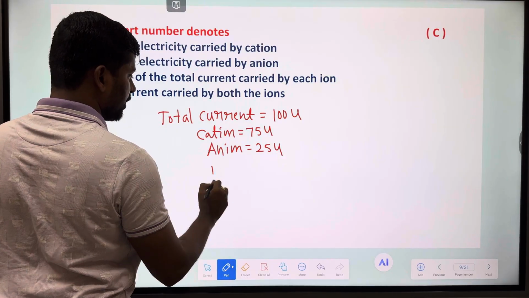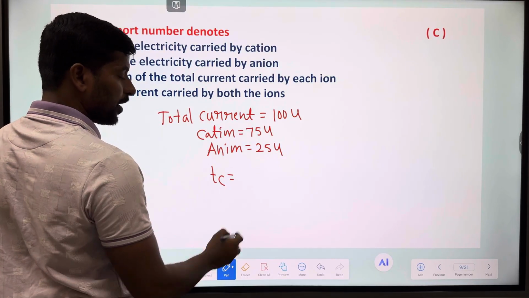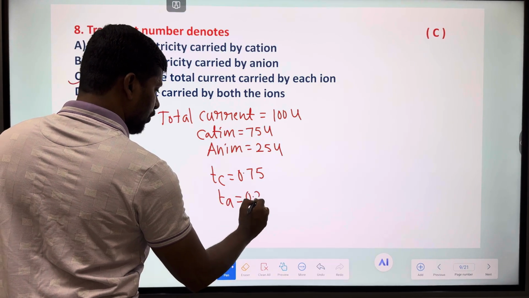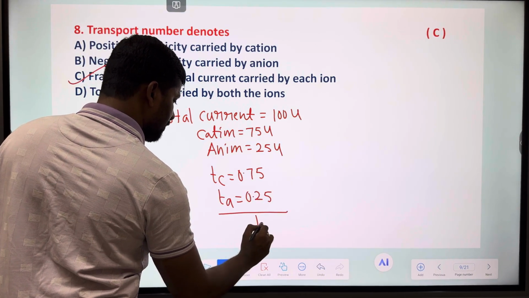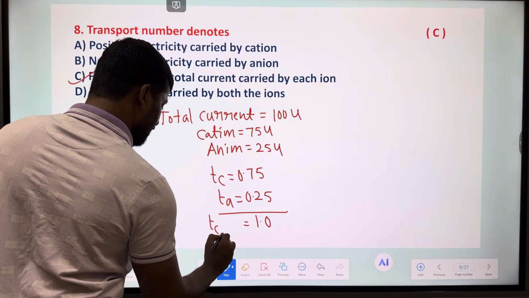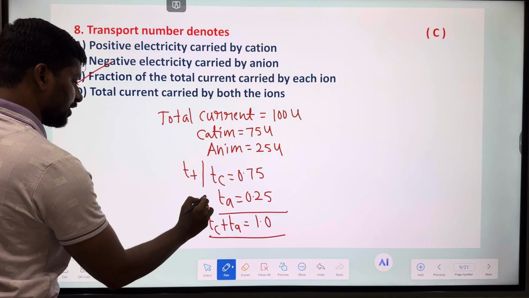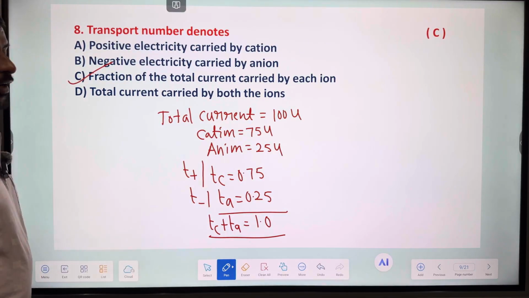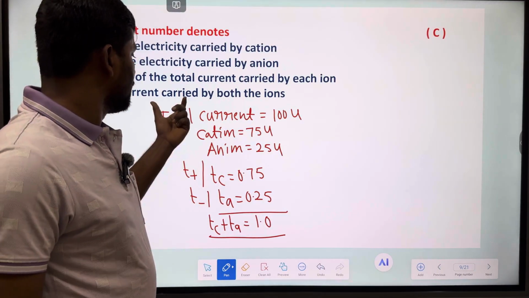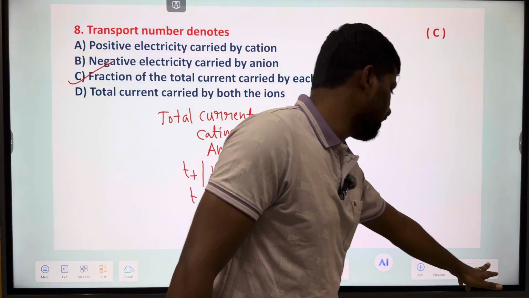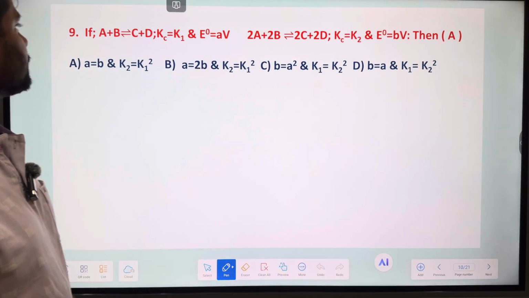So what is the transport number of cation? 75 by 100, so 0.75. What is the transport number of anion? 0.25. Always the sum of the transport numbers of cation and anion is equal to how much? 1. Cation is also indicated as T plus, anion is indicated as T minus. Okay. So transport number is nothing but what? Fraction of the total current carried by the ion in the total current.